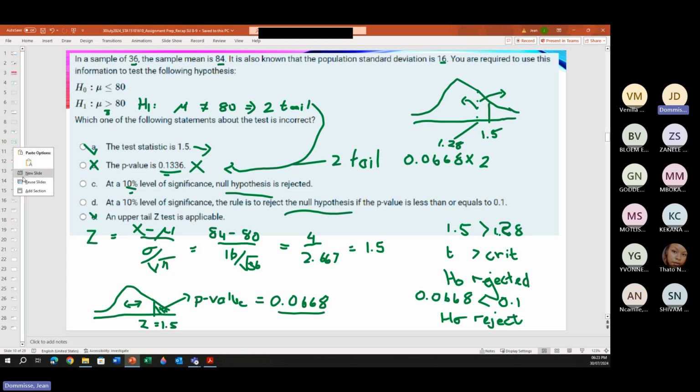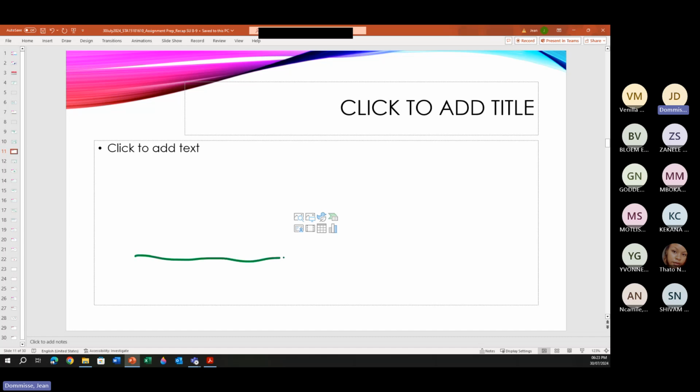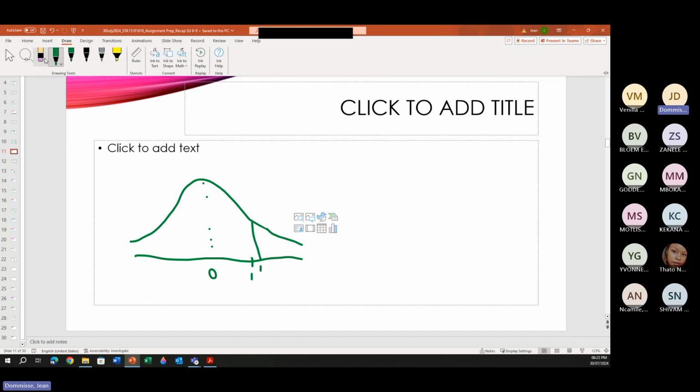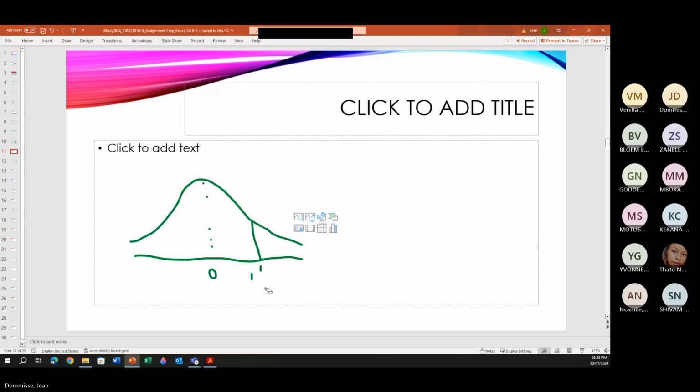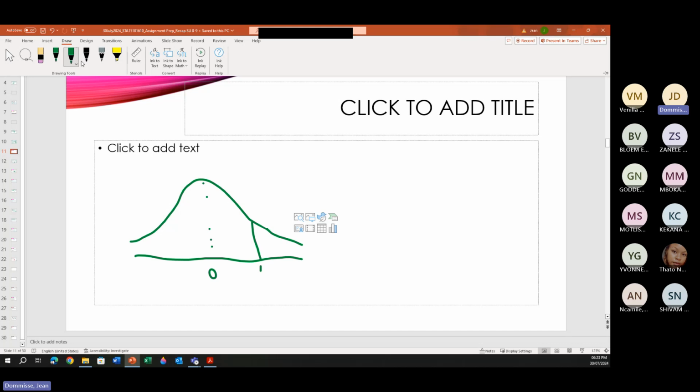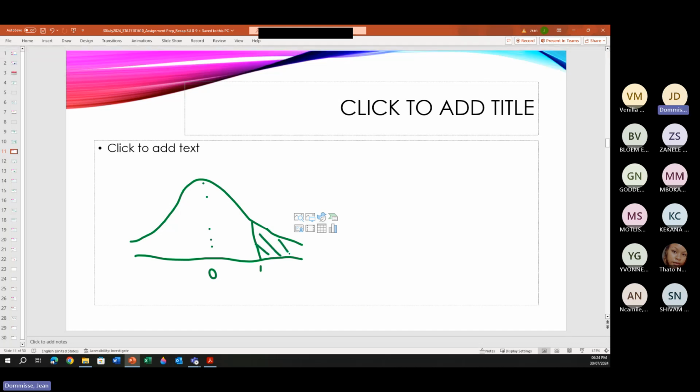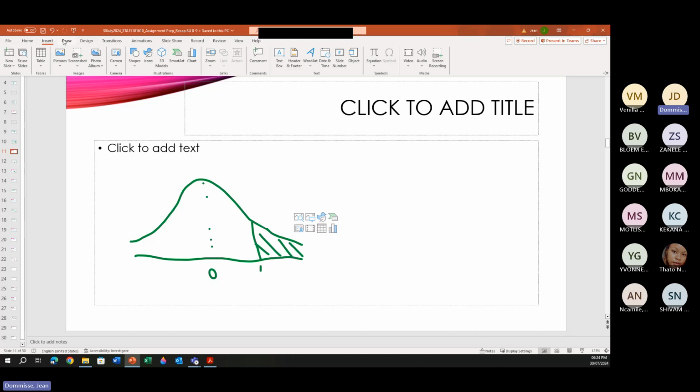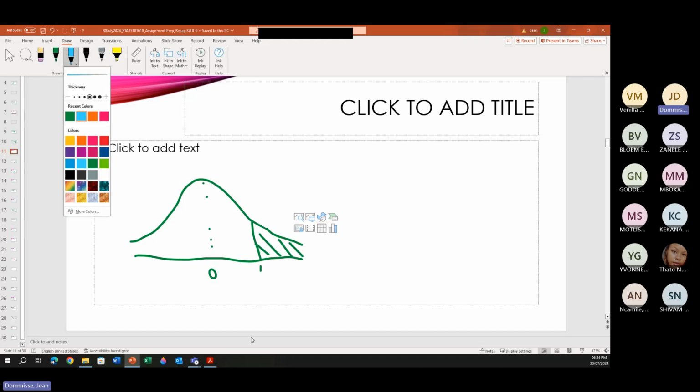So let's just quickly show that. Let's say that is the 0 again. So let's say that is Z1. Then you can see a big area. So then we get to Z2.